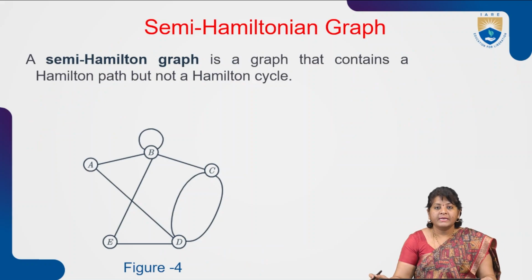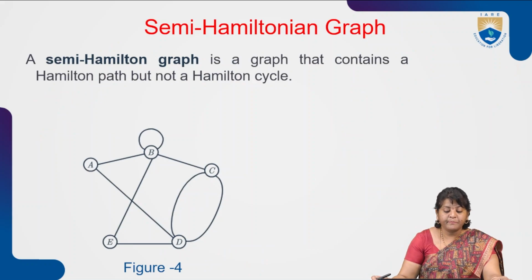And now one more example for a semi-Hamiltonian graph. A semi-Hamiltonian graph is a graph that contains a Hamiltonian path but not a Hamiltonian cycle. These problems are for competitive exams. They will give a graph and they will ask to find out the path but not a cycle, or vice versa.